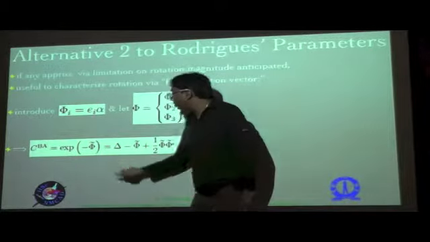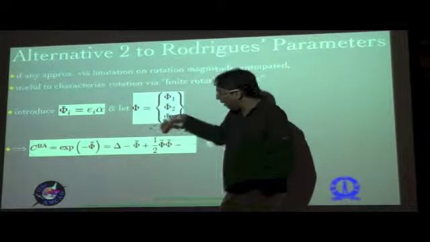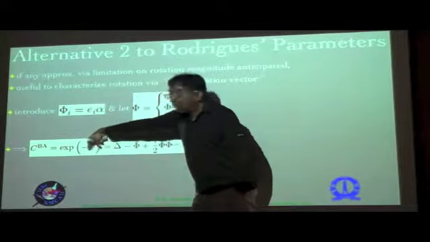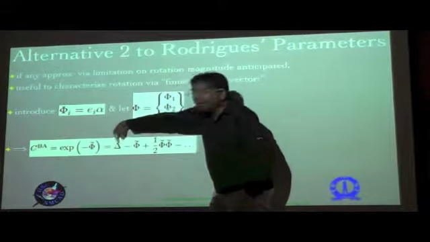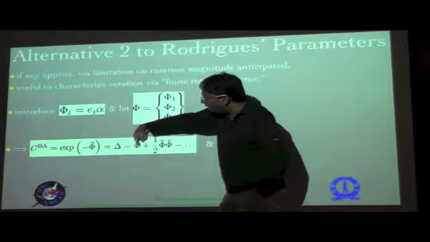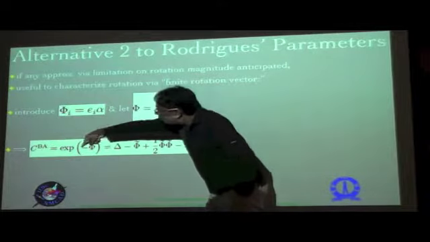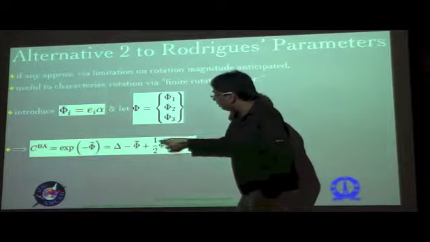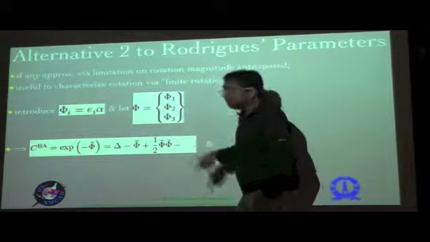The exponential function is 1 plus x plus x squared by 2 factorial, etc. Similarly, for the matrix, instead of 1 you have the identity matrix, then plus x. Because the argument has a minus, you have the minus sign coming over here, and then plus 1 half, which is 2 factorial, phi tilde times phi tilde, and so on and so forth.